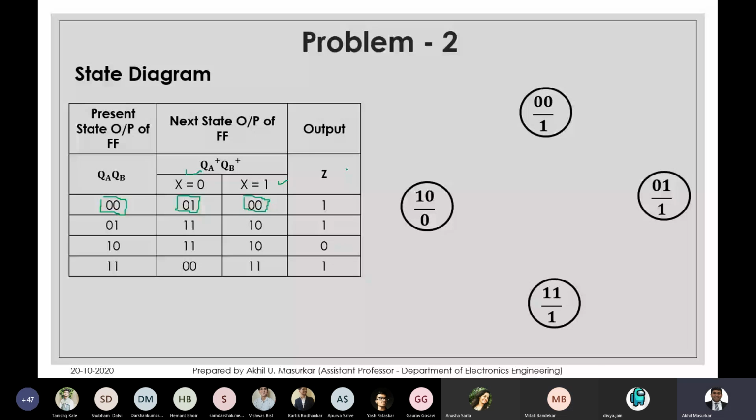Now this is true only for a Moore circuit, because we saw that Z is equal to QA bar plus QB. So Z is not a function of X. That is why we can directly write Z on the state. So again, I am just telling you this so that you keep that in mind.